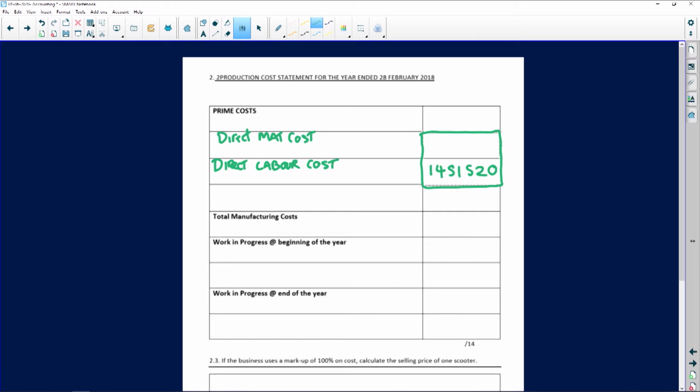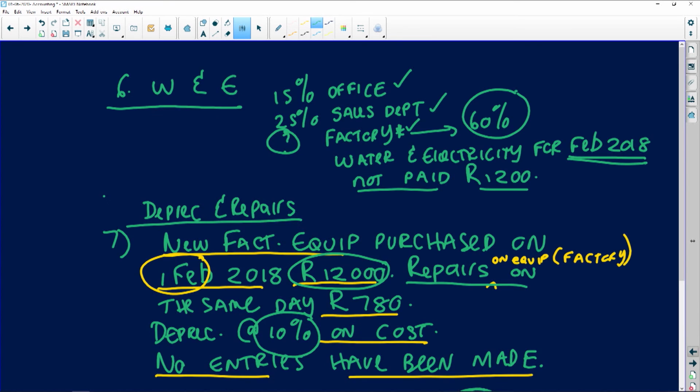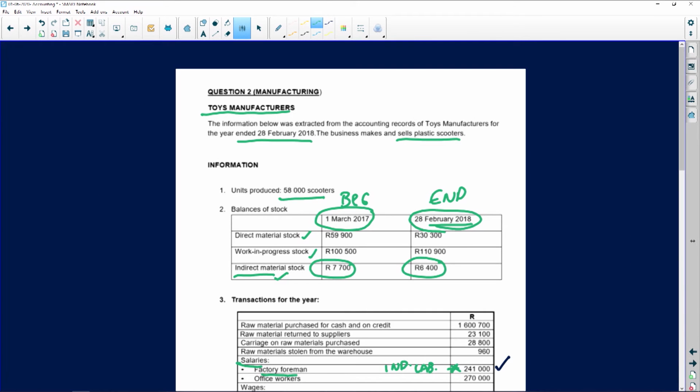Right, and now let's look at our direct material cost. So remember, direct material cost, you're looking at everything in terms of raw materials. So direct material cost, you are going to start off with opening balance. So direct material at the beginning of the year, okay, an amount of 59,900.